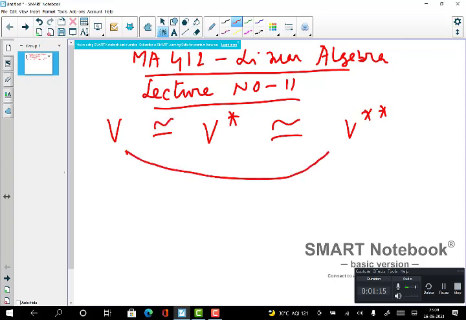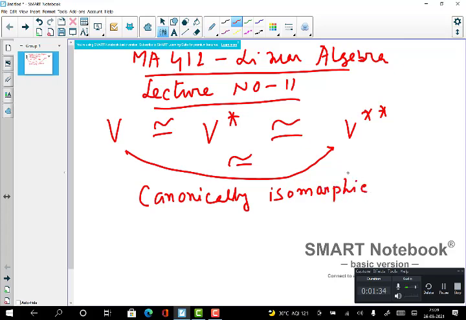In fact, V and V star are canonically isomorphic. This is canonical isomorphism. So what does that mean? That means that for every element of V, you can define the element of V star canonically, which actually is a linear functional on V star. Okay.